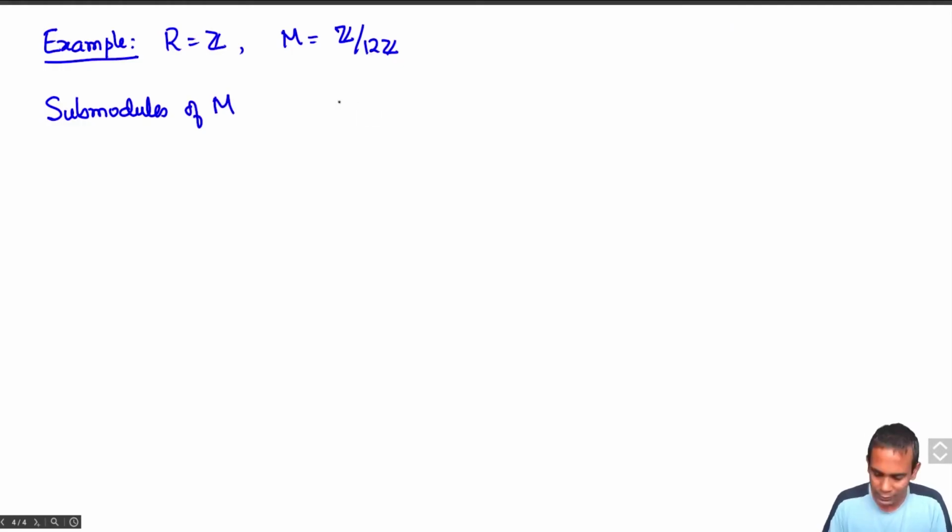So the largest submodule is Z mod 12Z itself. Let me just call it M. And then this contains the multiples of 2, which I'll call 2M, and the multiples of 3, which I'll call 3M. It also contains the multiples of 4, which I'll call 4M.